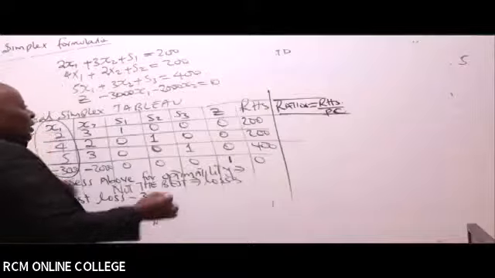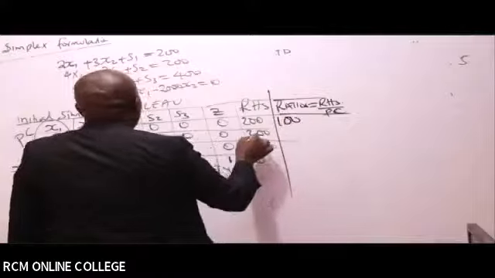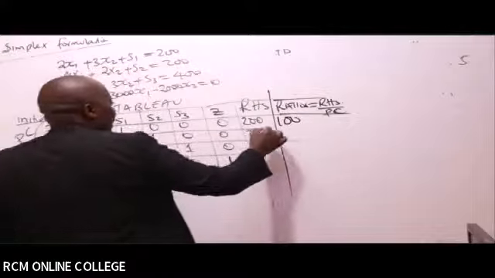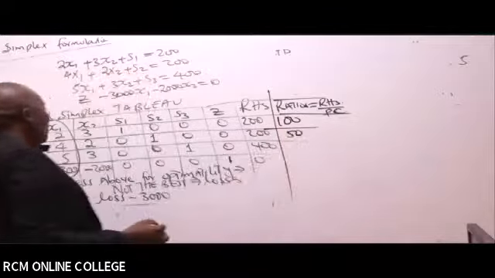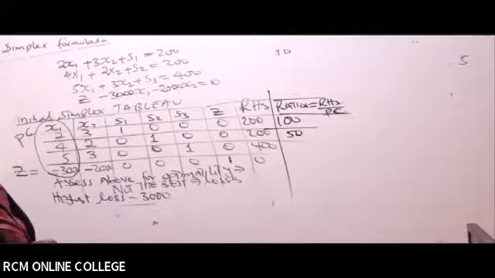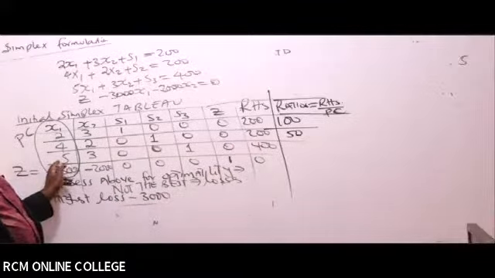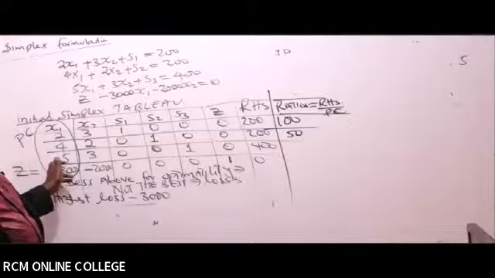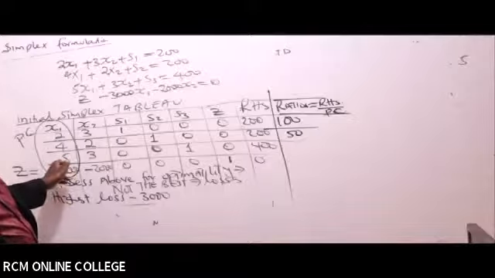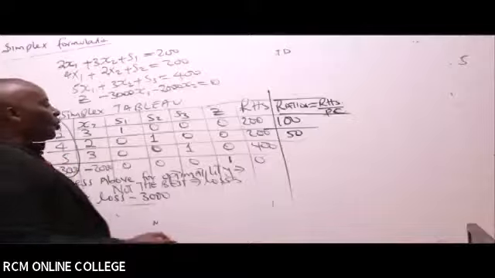So 200 divided by 2 gives me 100. 200 divided by 4 is 50. And then we have 400 divided by 5, which gives me 80.